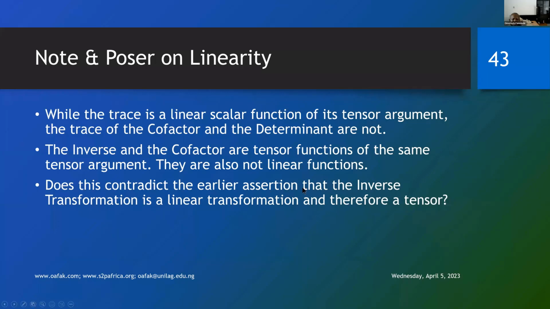The inverse and the cofactor are non-linear functions of the tensor argument. But we said before that the inverse of a tensor is a tensor, which means it performs linear operations. But here we are saying it is not a linear function of a tensor argument. I want you to disambiguate these two seemingly contradictory statements. So is the tensor inverse linear or non-linear?